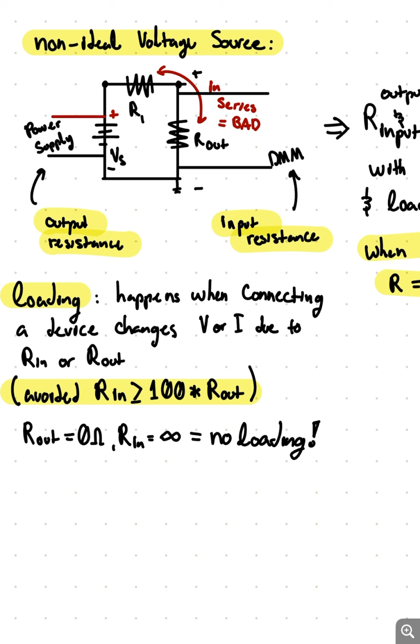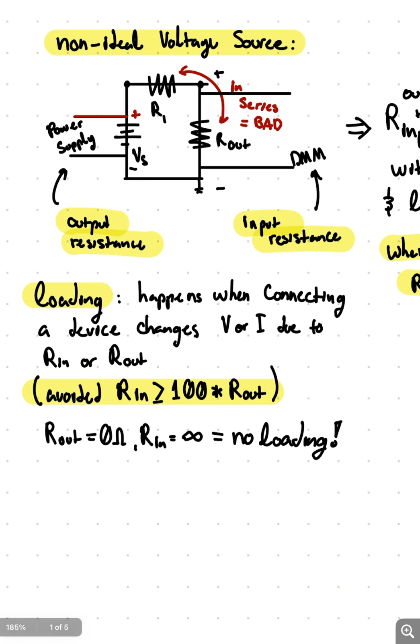So how do we write basically a general rule of thumb for that? The best way to explain it is you have your R in, so what you're connecting into the system or your circuit, you want it to be as big as possible, and then your output resistance to be as little as possible.